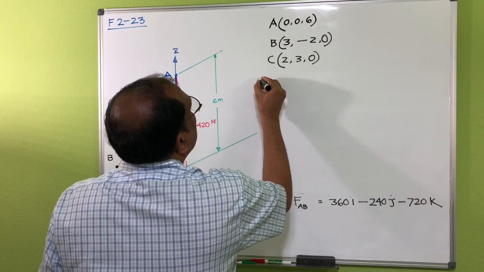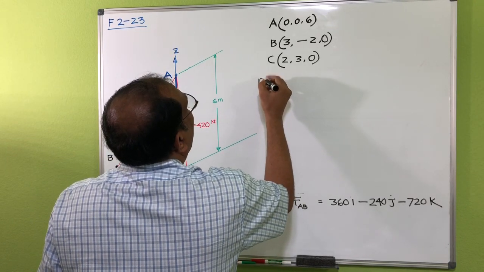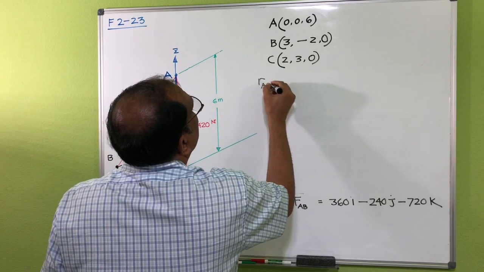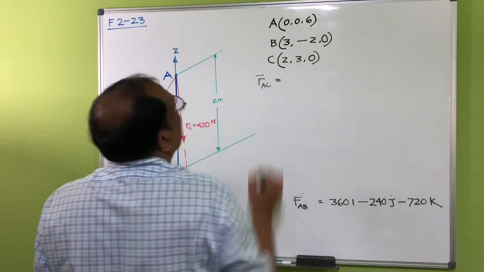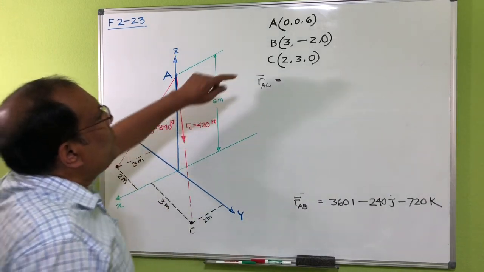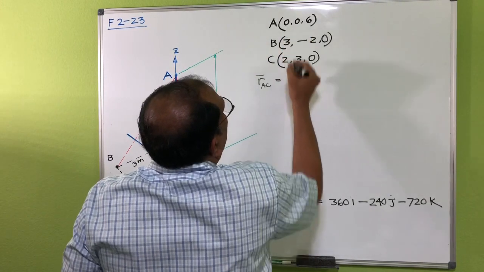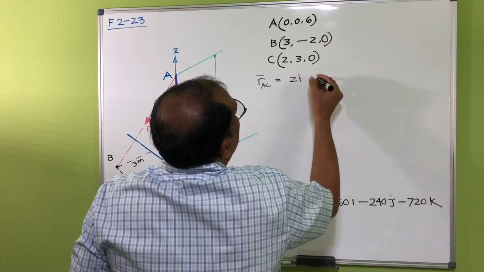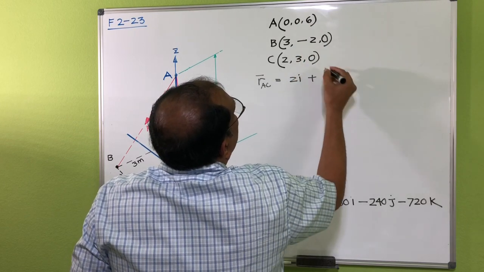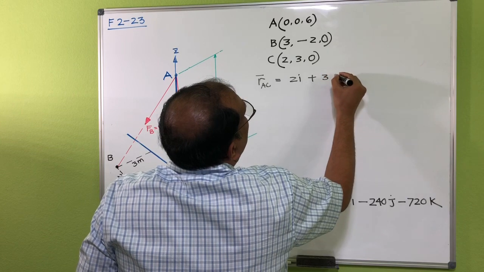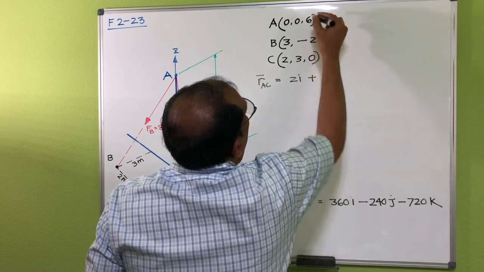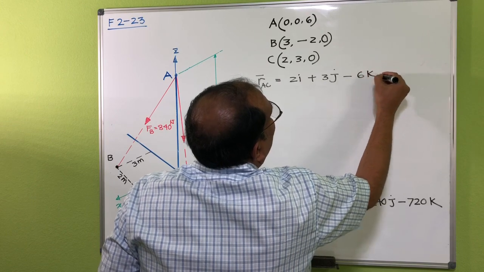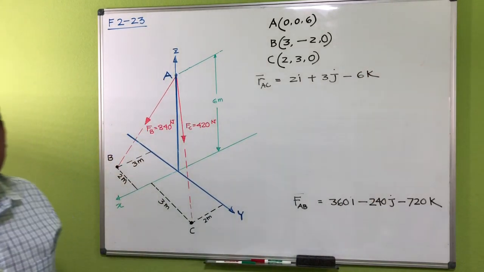My position vector from A to C would be C minus A. So you can see 2 minus 0 is 2i, 3 minus 0 is 3j, and 0 minus 6 is -6k.